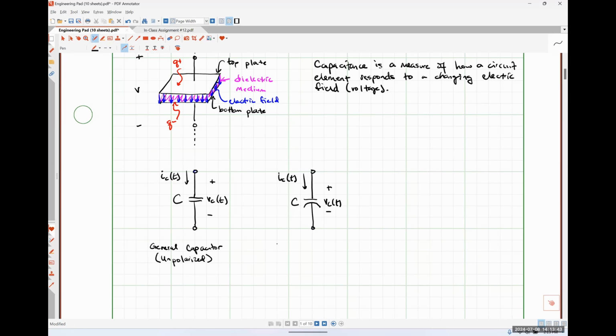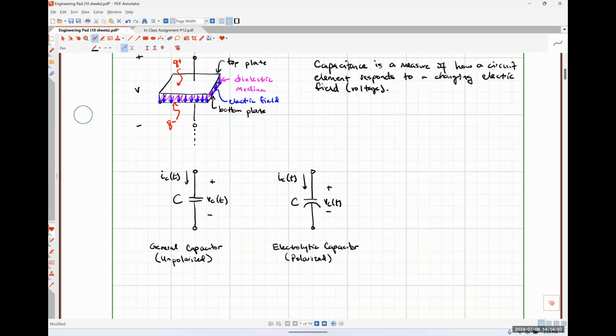So this symbol on the right is what's typically used for an electrolytic capacitor, which is also commonly referred to as a polarized capacitor.